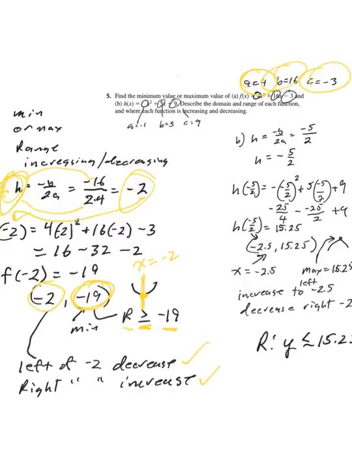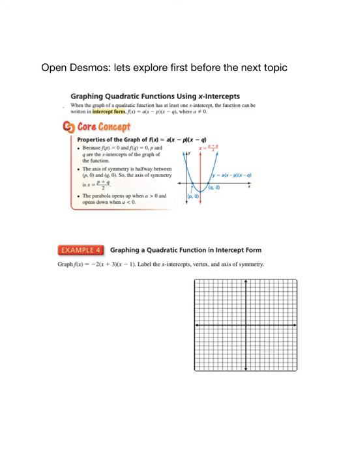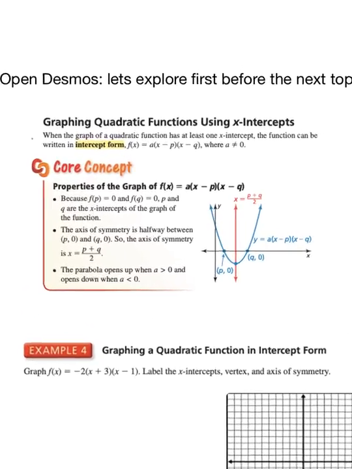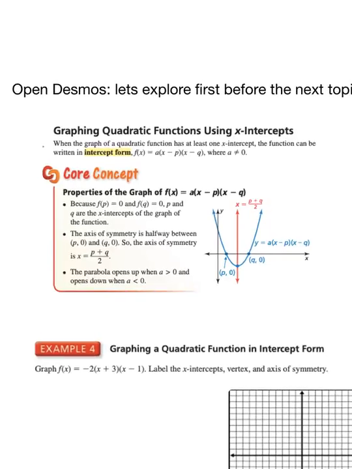Last page, all right? Turn to the left. 18.25 page. Well, actually, it's not necessarily the last, but we're getting there. There is yet one more way that we can express a function, and that's going to be called intercept form.